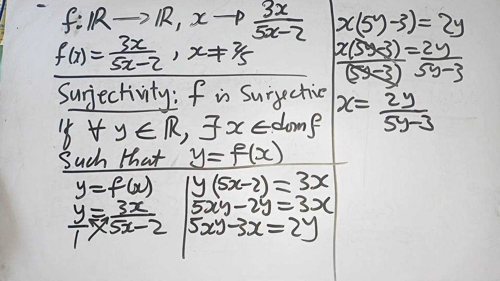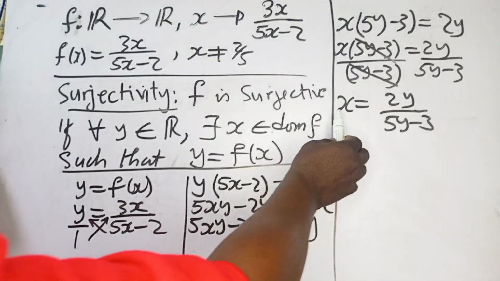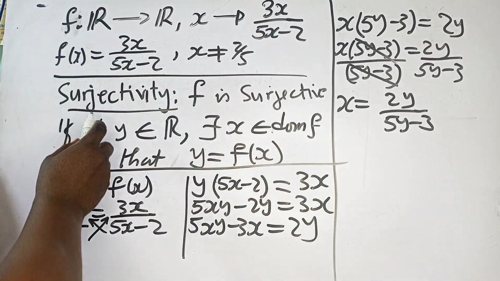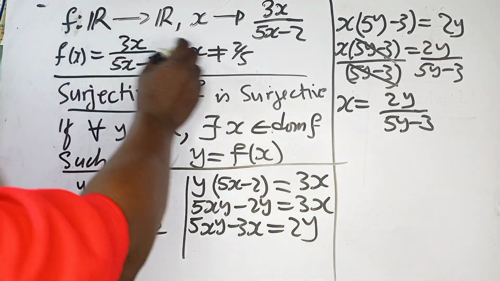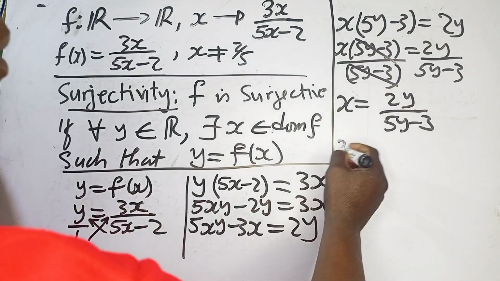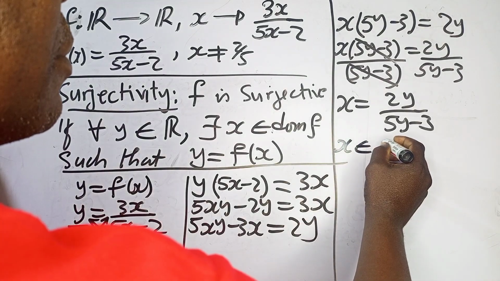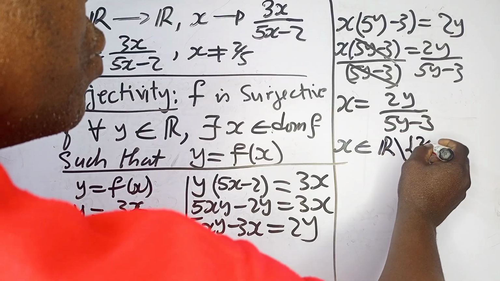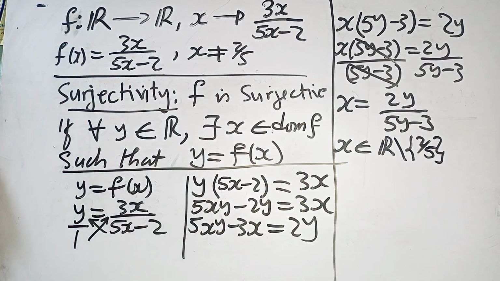When we get to this level, what we have to do is to check for ourselves. X is from the domain. What is our domain again? All real numbers except 2 all over 5.